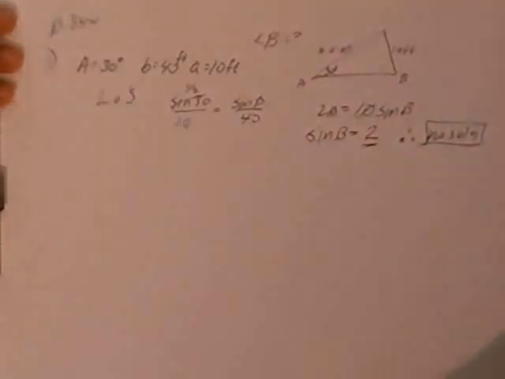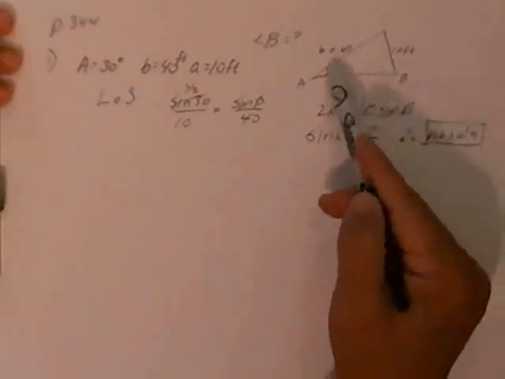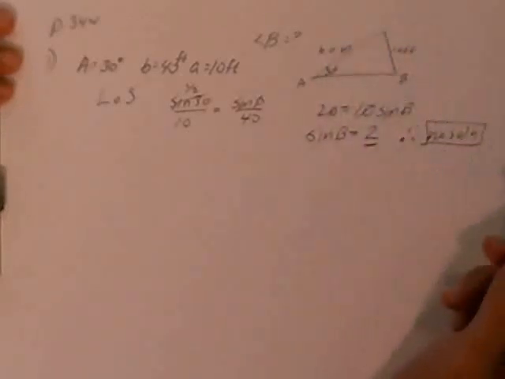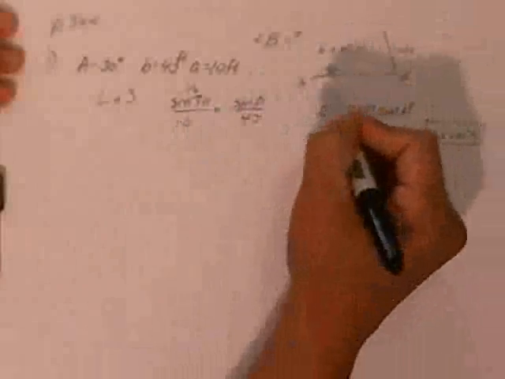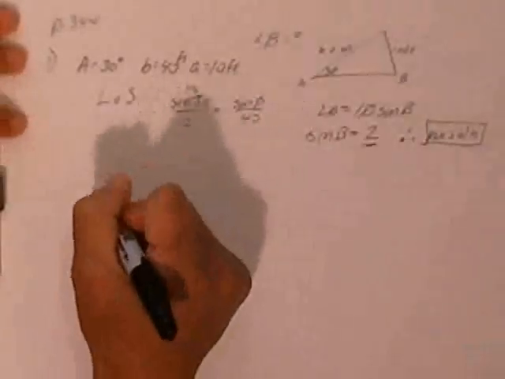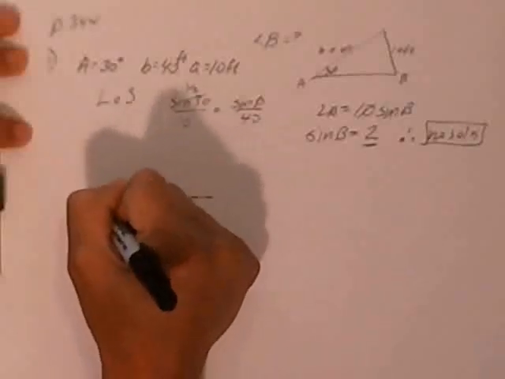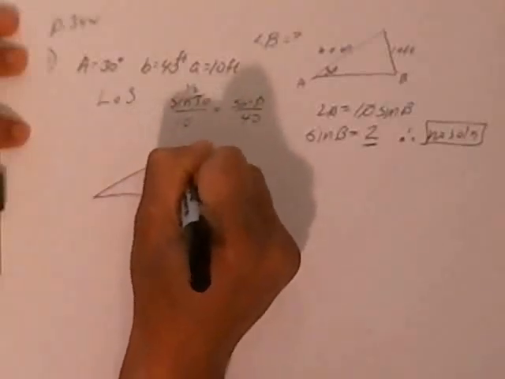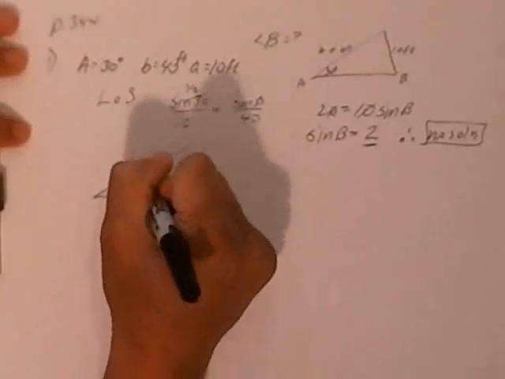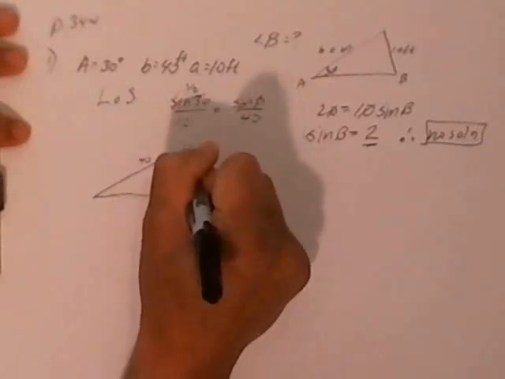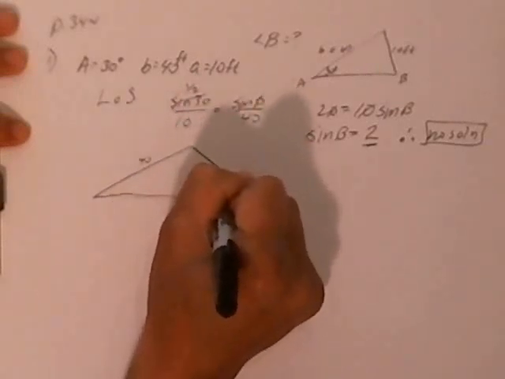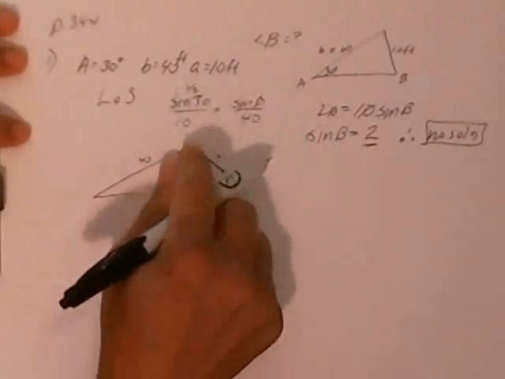And Professor McKee wants you to try to figure out why that happens. The way it happens, if you draw this to scale, it's going to look something like this. That's going to be about the 30-degree mark. Let's suppose that's 40 right here, and then this is going to be about 10, 20, 30.